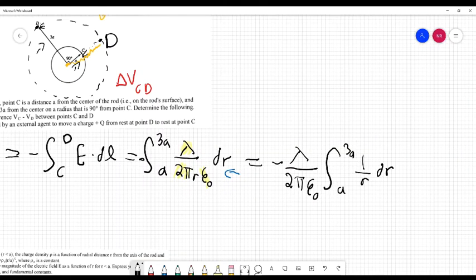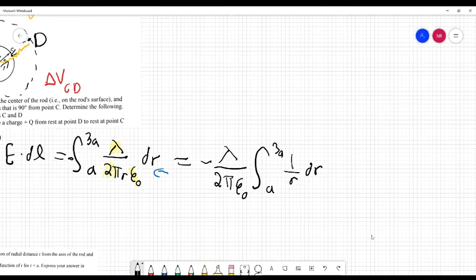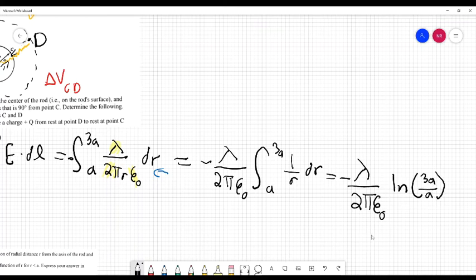And now this is an integral that we all pretty much know how to take. 1 over r integrates into, the antiderivative of it is just ln. So then the bounds would end up being negative lambda over 2 pi epsilon naught times ln of 3a over a, which ends up just becoming 3, because the a's would cancel out.